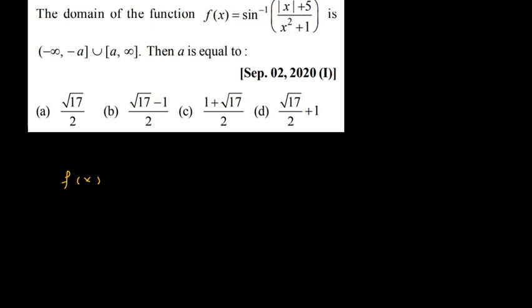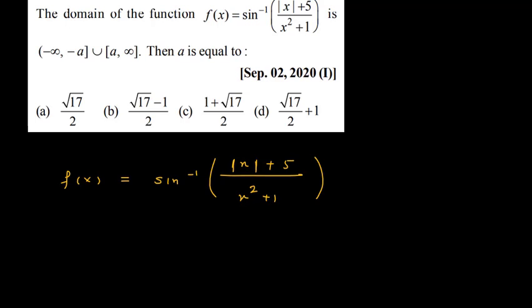This function f(x) is given as sine inverse of (mod x plus 5) divided by (x square plus 1). Okay, so how do we proceed? We have to find the domain. Domain means we have to find all the possible values of x. It is actually given, but once we find it, only then can we get the value of a.